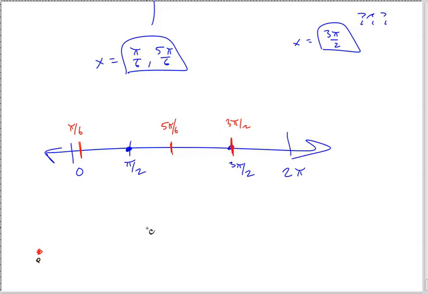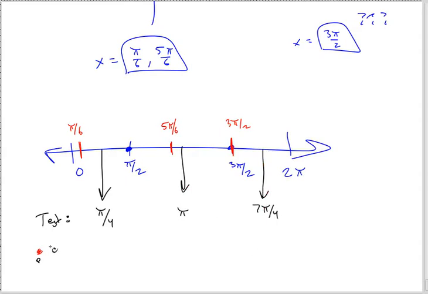Oh my goodness. So let's just talk about it for a minute here. I need to test some numbers out. Let's say these are my test numbers. I'm going to test out pi over 4. I also want to test out pi, and I want to test out 7 pi over 4, which is way over here.